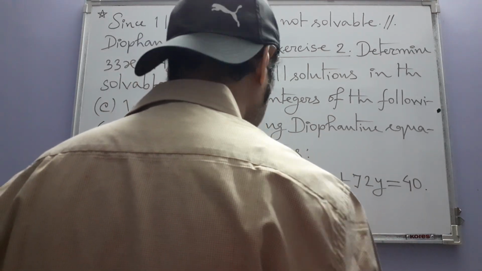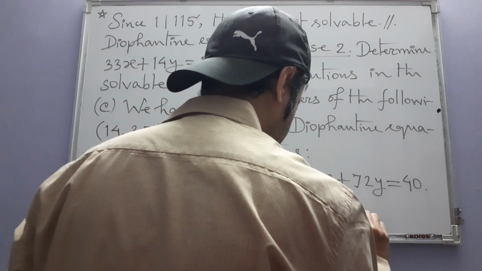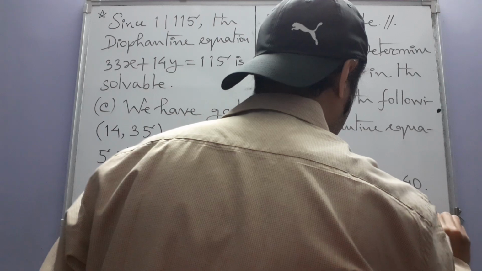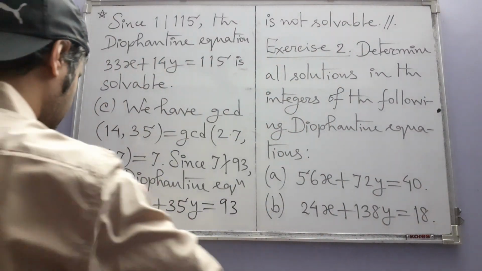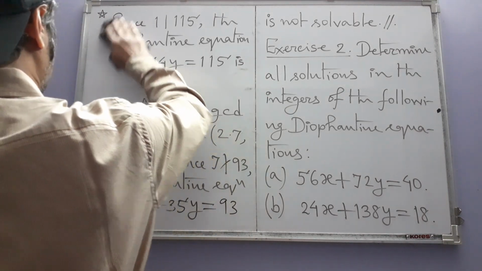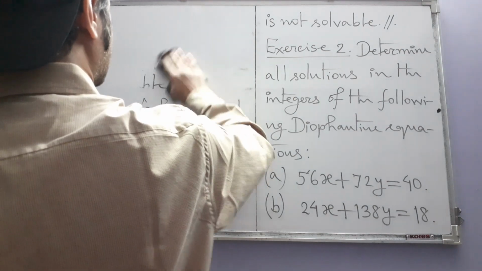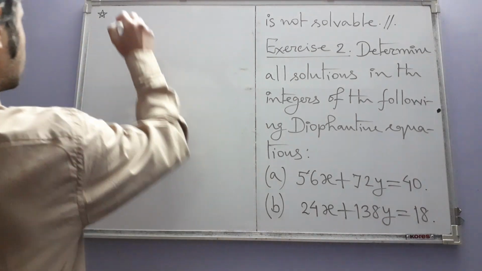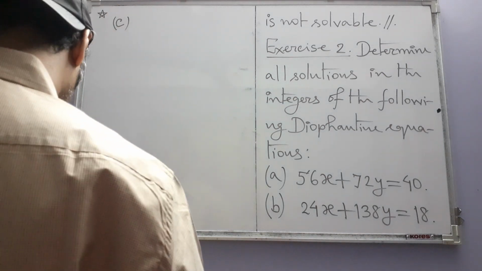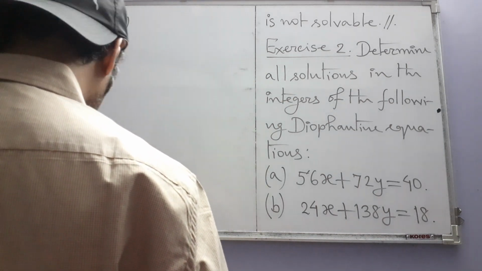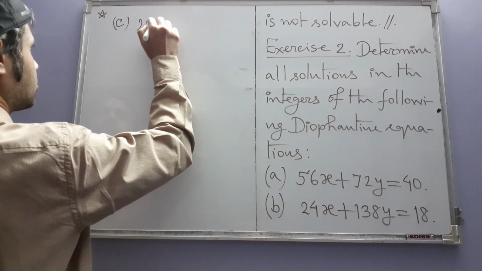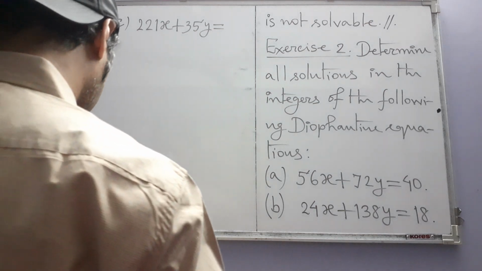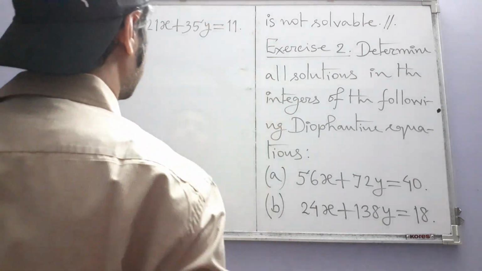Then part B, 24x plus 138y equal to 18. And there is one more, C. 221x plus 35y is equal to 11.